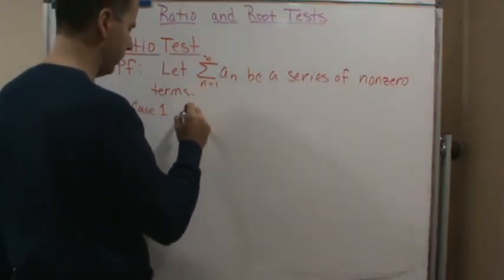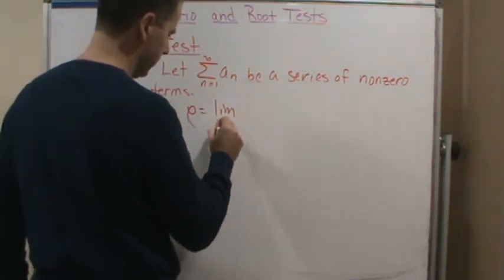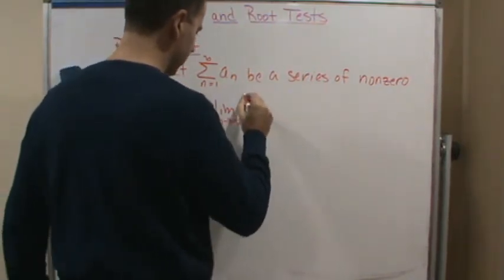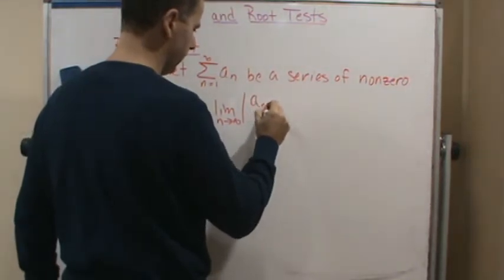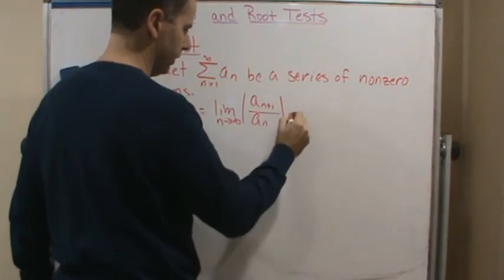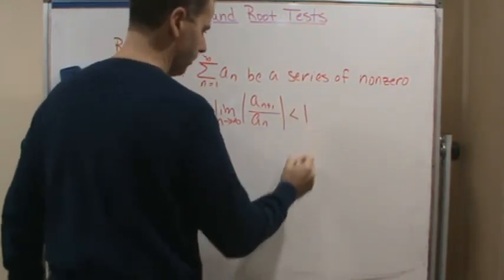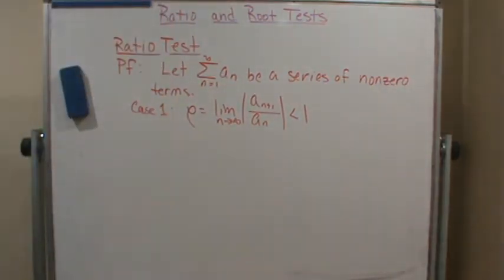So in case one, rho equals the limit as n approaches infinity of the absolute value of a sub n plus 1 over a sub n, which is less than 1.